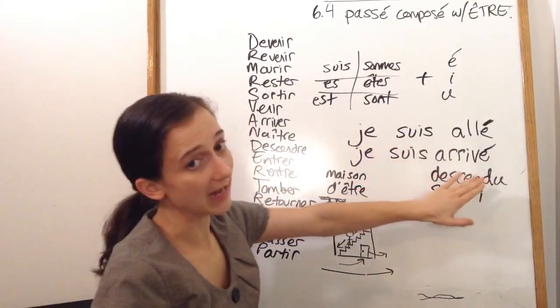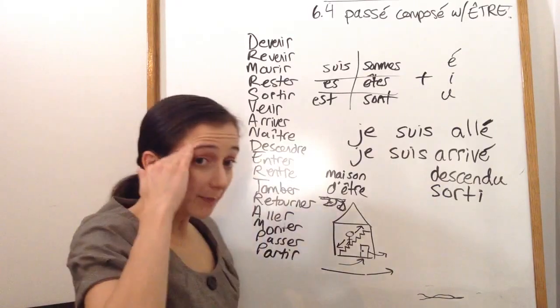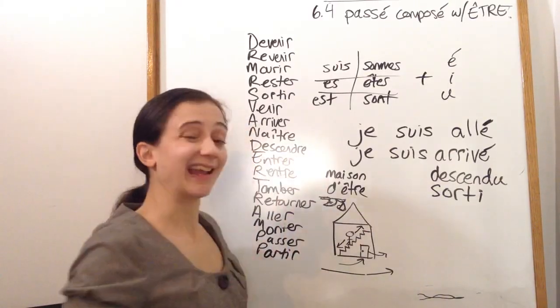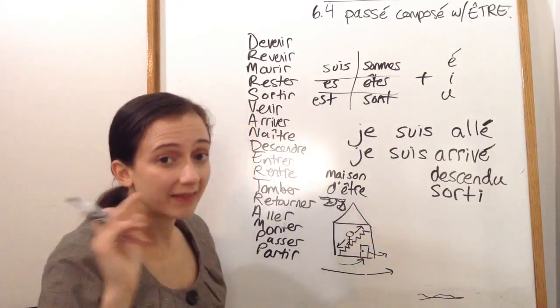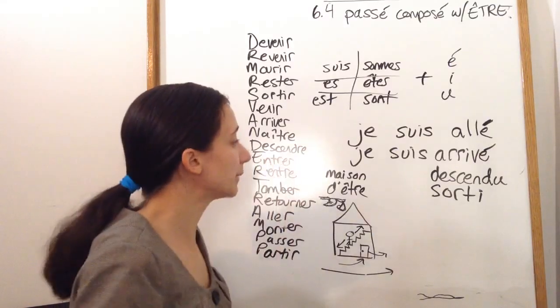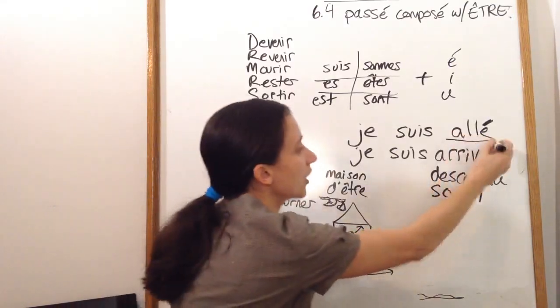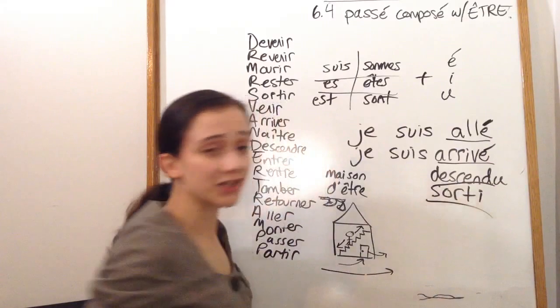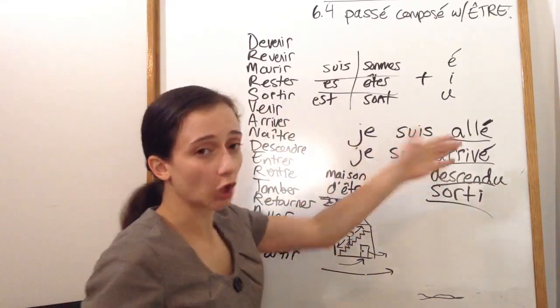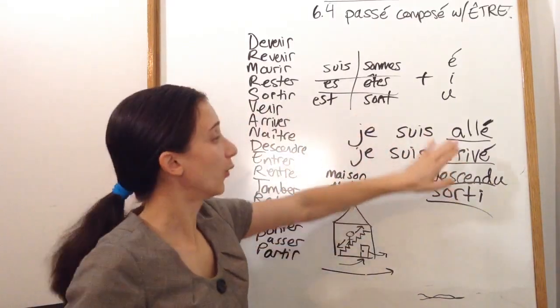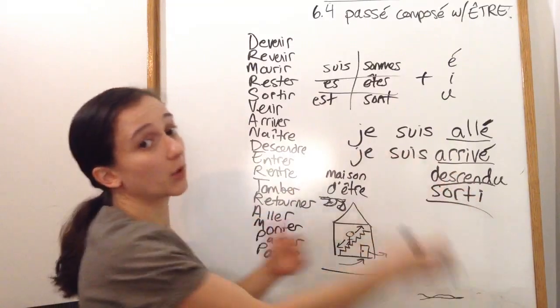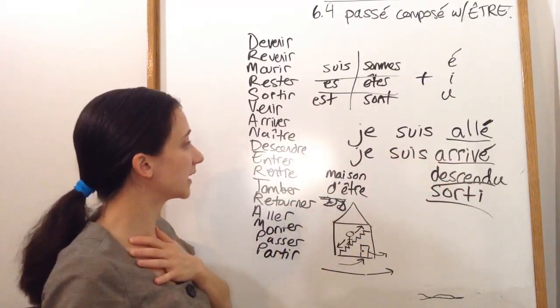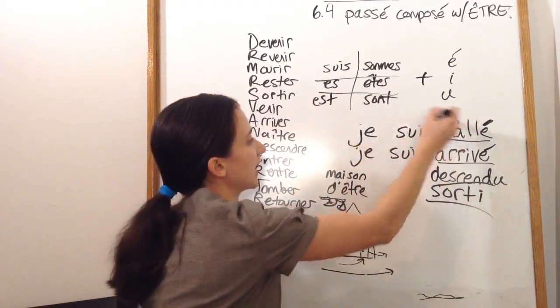I am arrived. If you think about them as adjectives, I am something, then that should set off little alarm bells in your mind, because these are acting almost like adjectives. Just like I am tall, I am short. What do we do with adjectives? We have to make them agree with the noun that they are describing, which in this case is the subject.